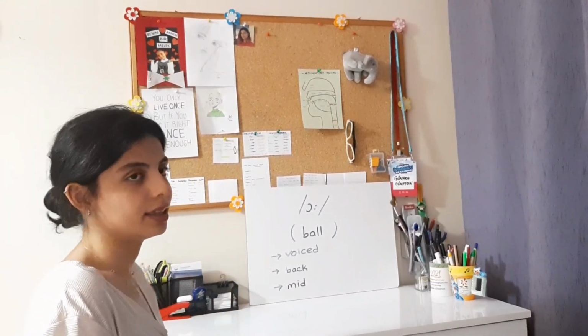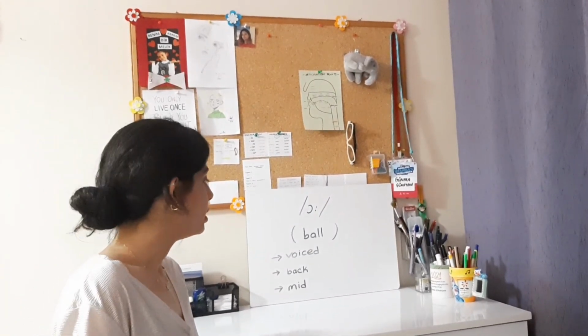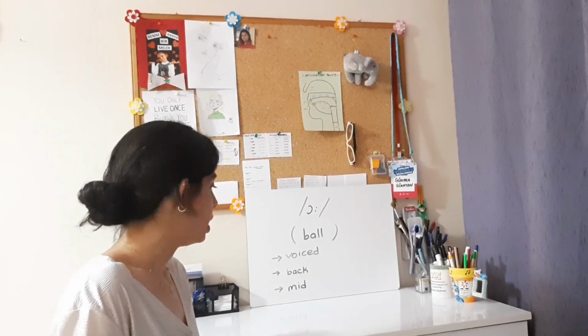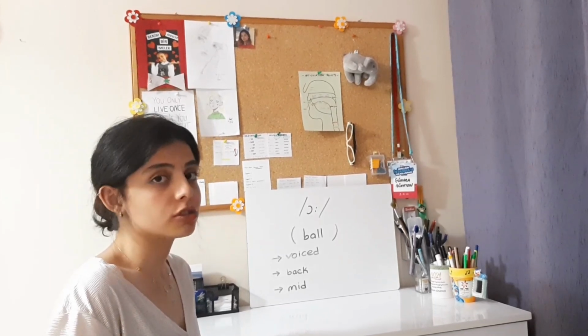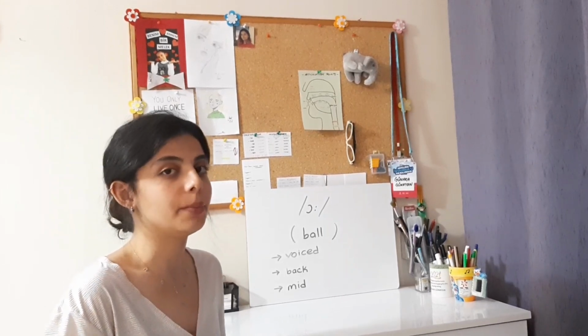Let's look at long O, as in ball. It's voiced, as you know, and its place of articulation is back, and its manner of articulation is mid.